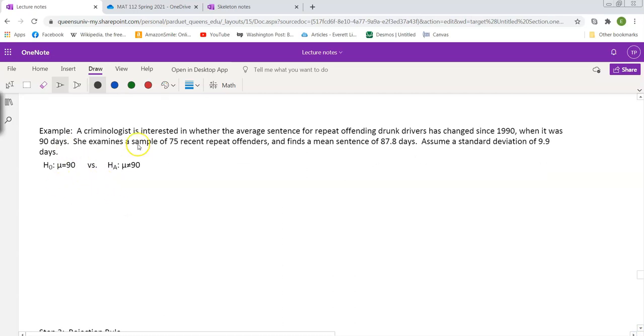All right, so for this example, our hypothesized value is 90, so mu naught is 90. Our sample size is 75. The mean, based on our sample, is 87.8.